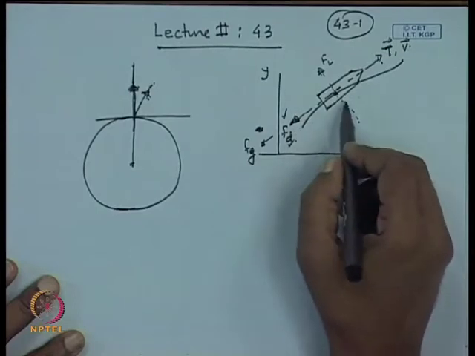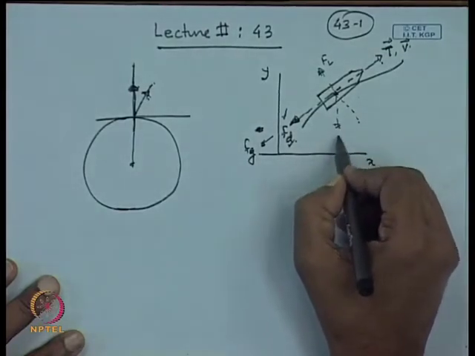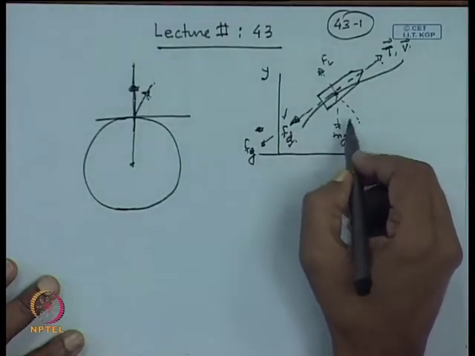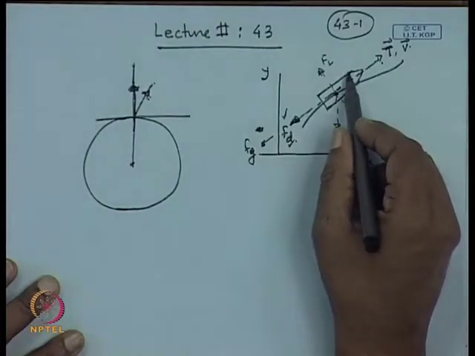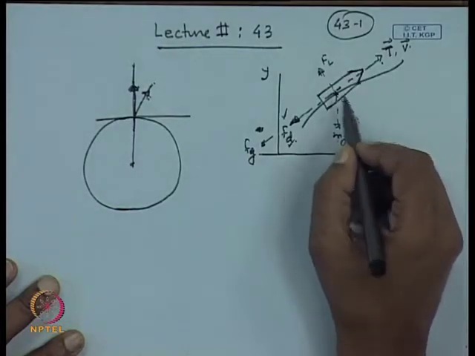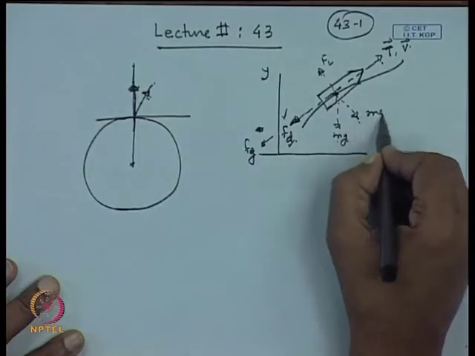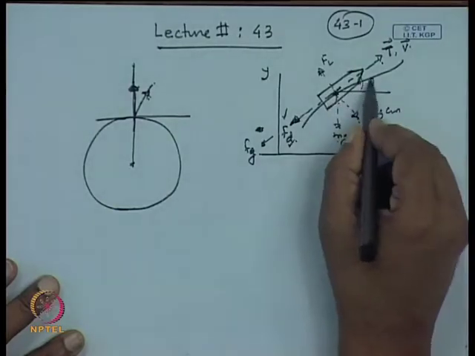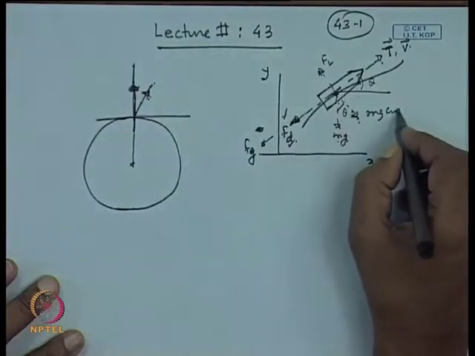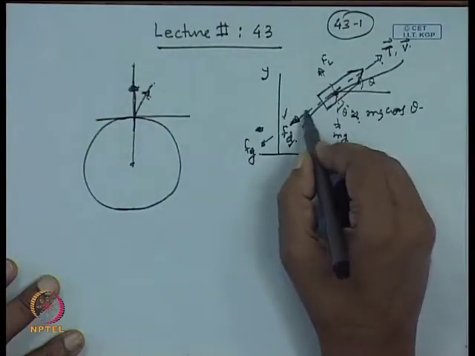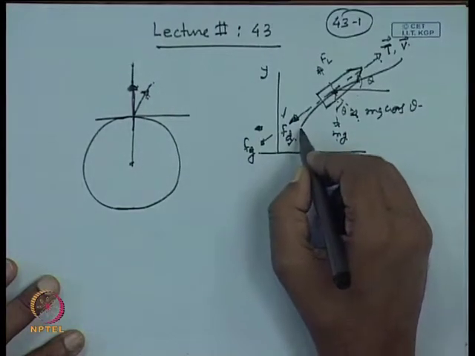And for the gravity, if this is mg, the weight of the rocket at any time t, then this can be broken into two parts. Here this angle is theta, so mg cos theta, and along this direction we have mg sin theta.